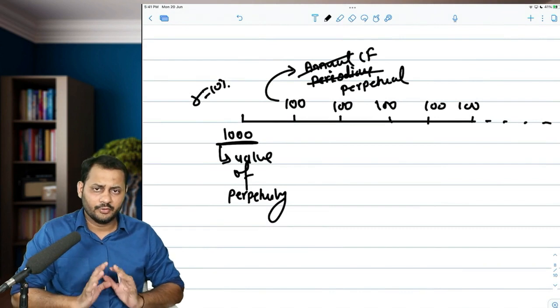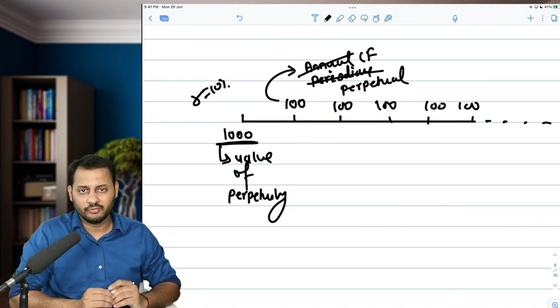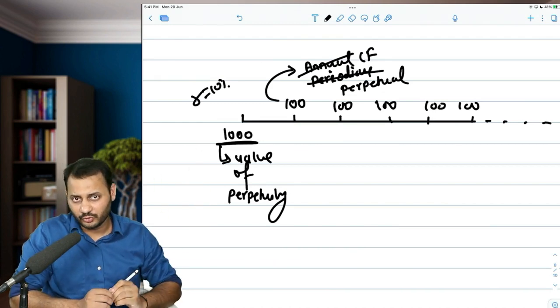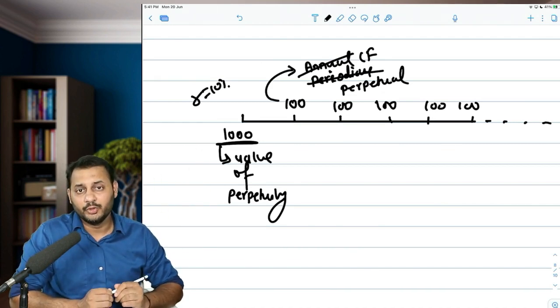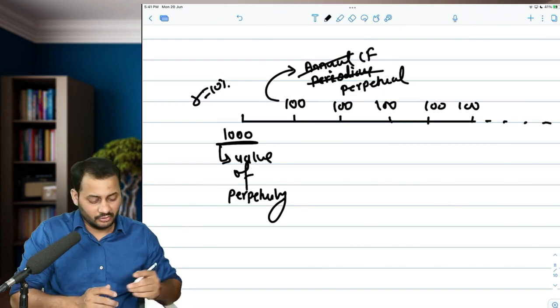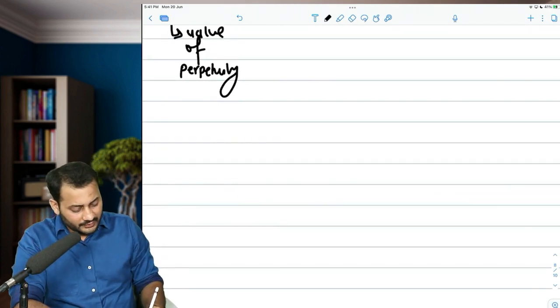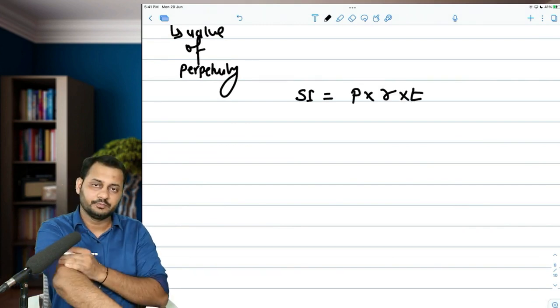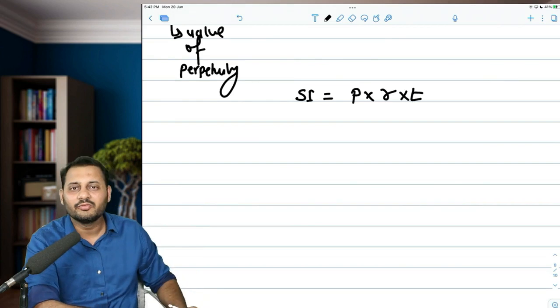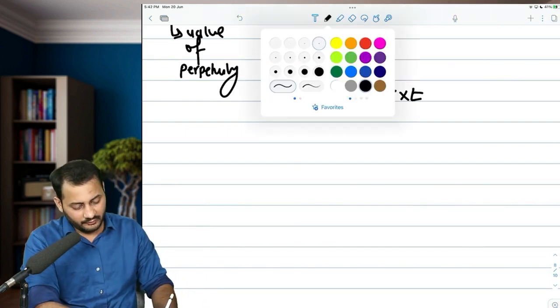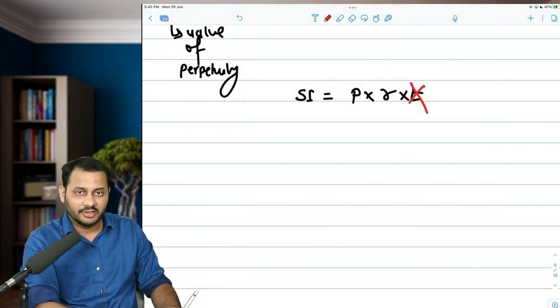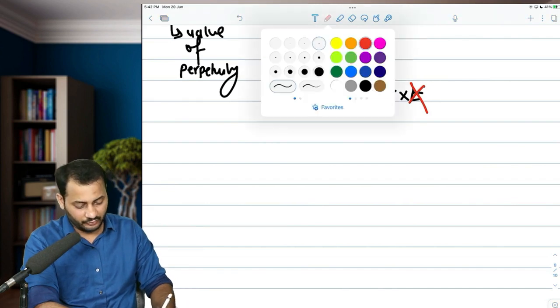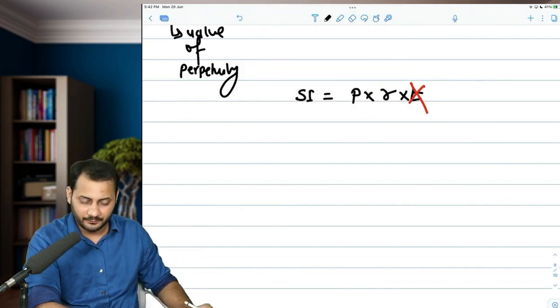Now I'm going to come up with the formula of how to calculate the value of perpetuity, because this is what will be used in the coming concepts. We will start from the same concept of simple interest equals principal into rate into time, and derive the formula from here. First of all, we will remove time, because in perpetuity there is no time limit. Now the formula is left with P into R only.